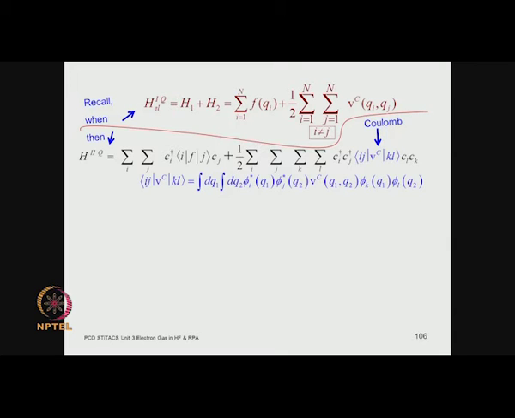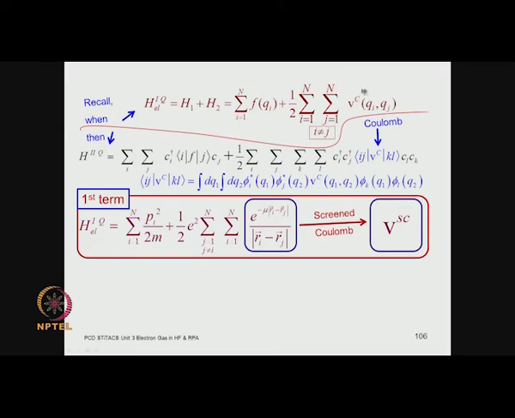So, this is the Coulomb interaction term that we have used earlier in second quantized form. Now, what we have chosen to do is not use the Coulomb interaction, but the screened Coulomb interaction, which is scaled by this e to the minus mu distance. So, instead of this V superscript C, we have V superscript screened Coulomb, SC, and corresponding to that, this is our first quantized Hamiltonian, and the second quantized Hamiltonian, which we do not have to develop from first principles anymore, we have done that in our earlier exercise.